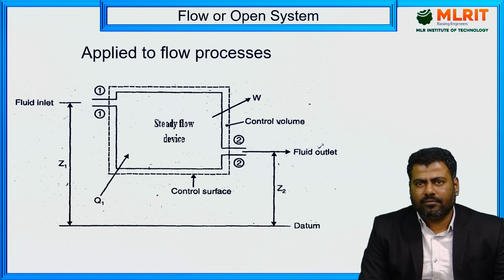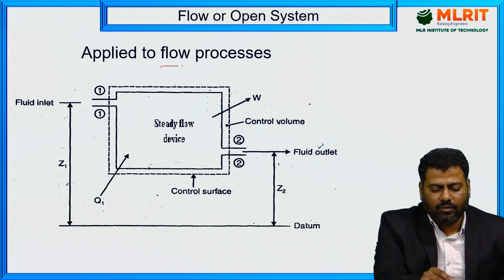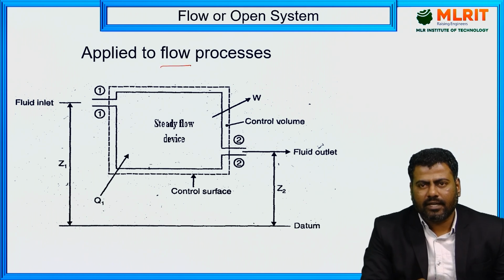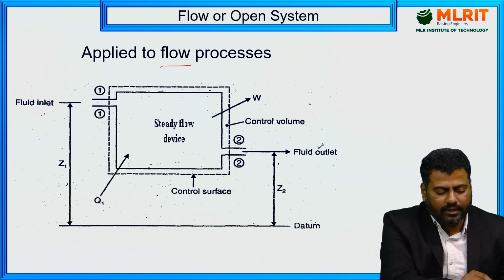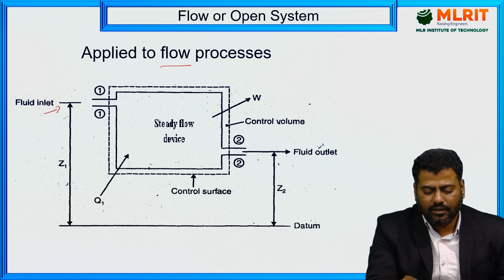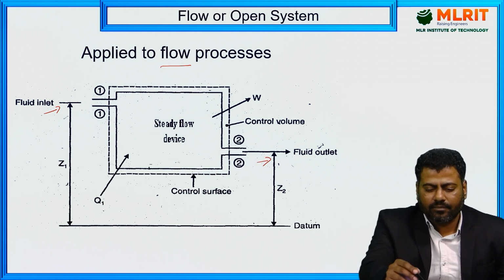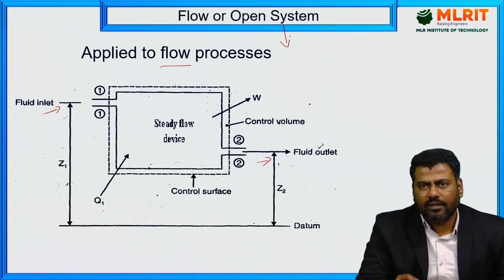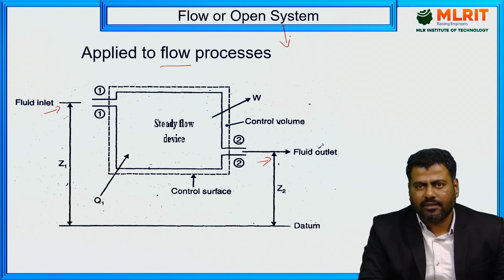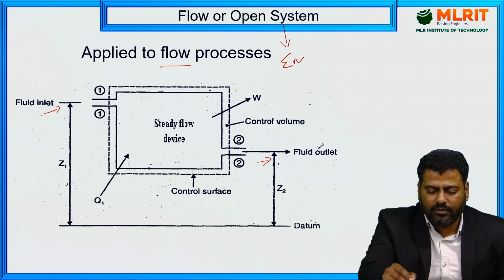Whenever we say this is a flow process or open system, I have the fluid inlet conditions as well as the fluid outlet conditions. For the open system, we know that energy as well as mass transfer takes place.